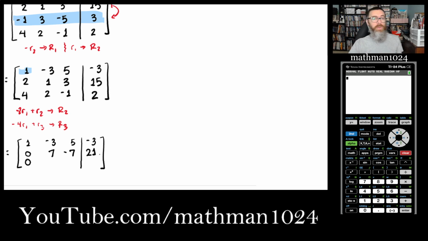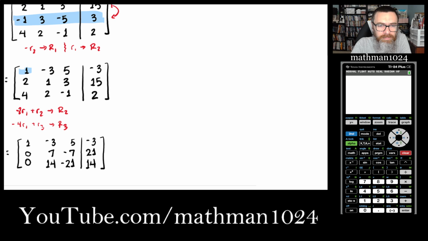Now we do -4 times row 1 and add that to row 3. So that gives me the 0 at the beginning. -4 times -3 is 12, plus 2 is 14. -4 times 5 is -20, minus 1 is -21. -4 times -3 is 12, plus 2 is 14.